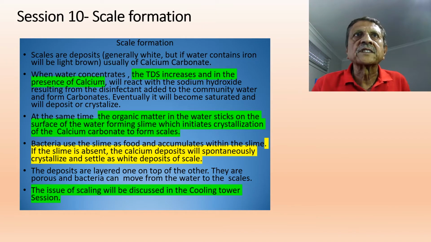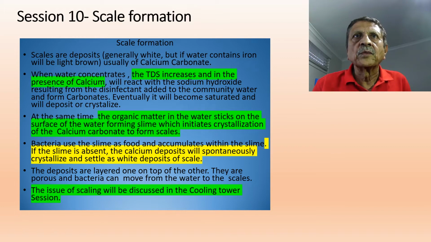Scales are deposits, generally white, sometimes creamy, and if the water contains iron, it will be light brown or dirty brown. The scale usually contains calcium carbonate. When water concentrates, the total dissolved solids increase.